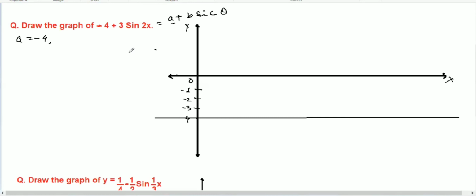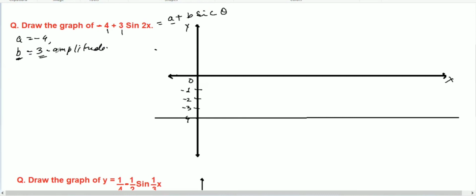Now the next thing: this is your a, and 3 is the b. So b equal to 3. This is the amplitude of the graph, or the distance above or below the midway line. This b represents the distance above or below the midway line.